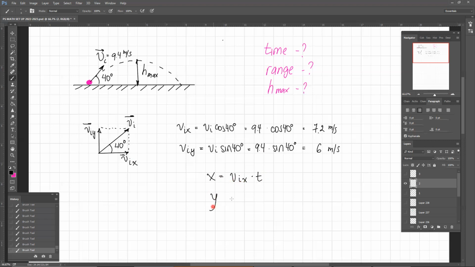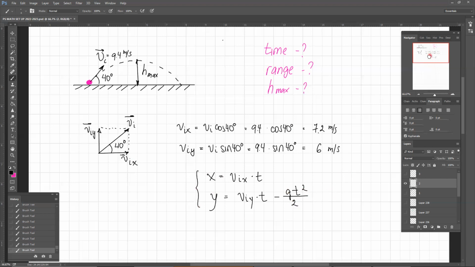And y, I had y0 in the previous scenario, but I don't need it here because there's no initial height. So I start with v initial y multiplied by time minus g t squared divided by 2. So those are two equations of motion.